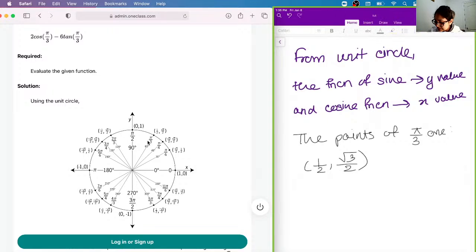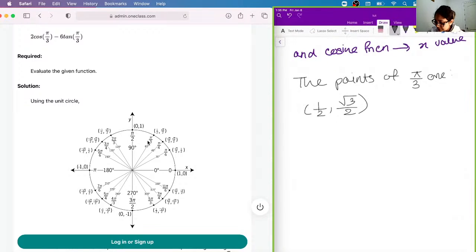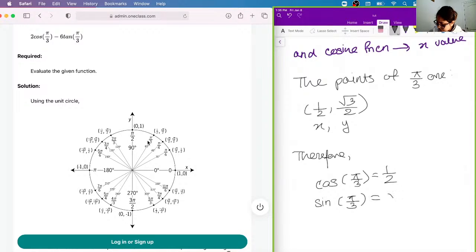So you know how this is your x and y. Therefore we can say that cos of pi over 3 is equal to one half, and sine of pi over 3 is equal to root 3 over 2.